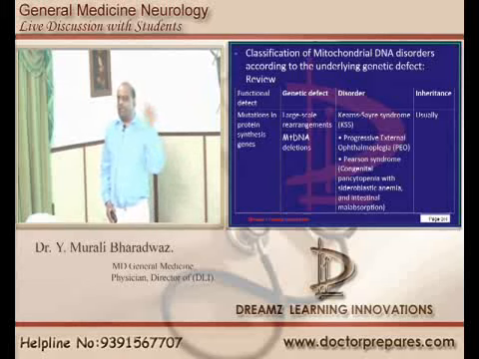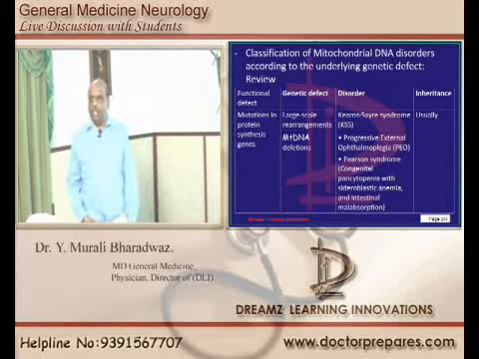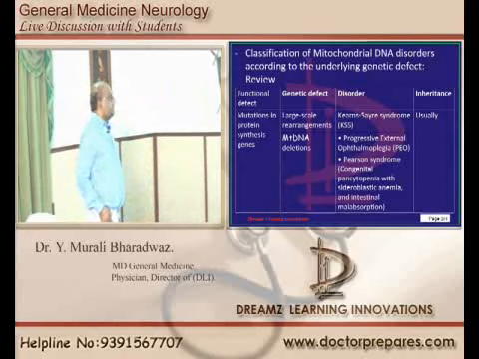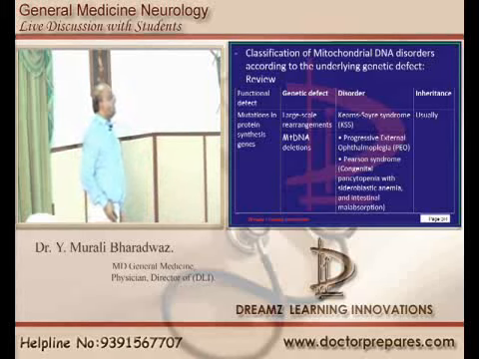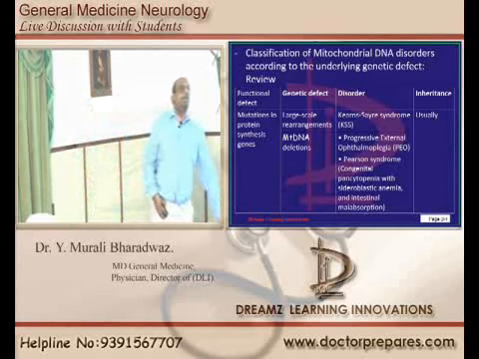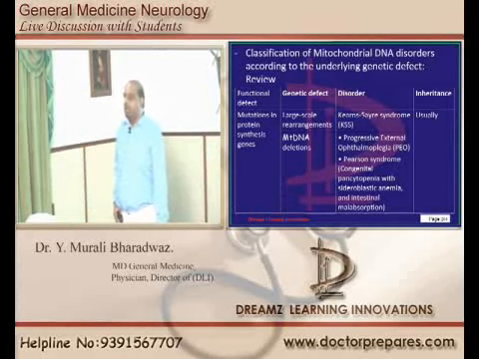There are a set of neurological disorders which are mitochondrially inherited which you need to know: Kearns-Sayre syndrome, Pearson syndrome, MELAS, mitochondrial encephalopathy with lactic acidosis with stroke-like episodes, and Leber's hereditary optic neuropathy. They're all examples of mitochondrially inherited disorders.